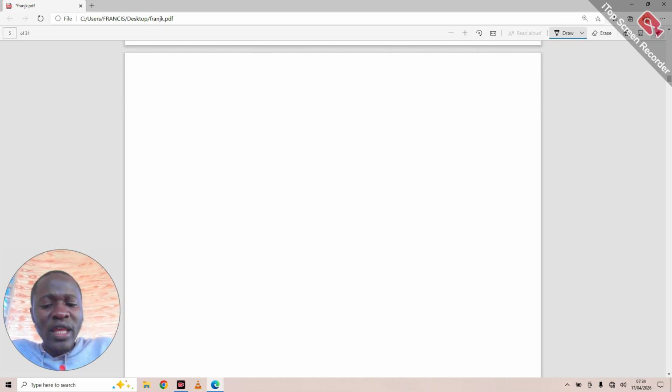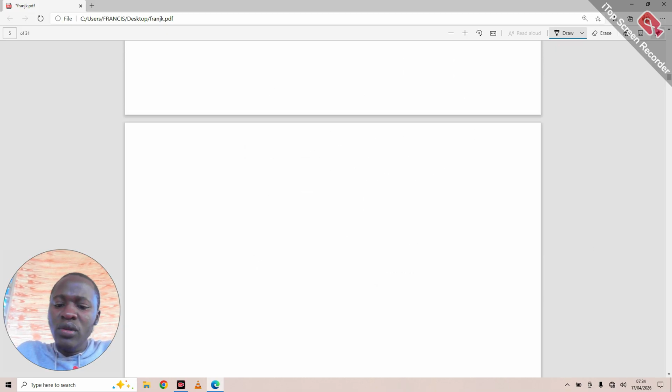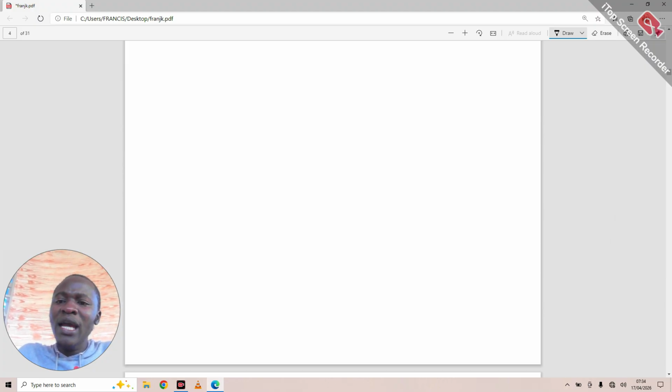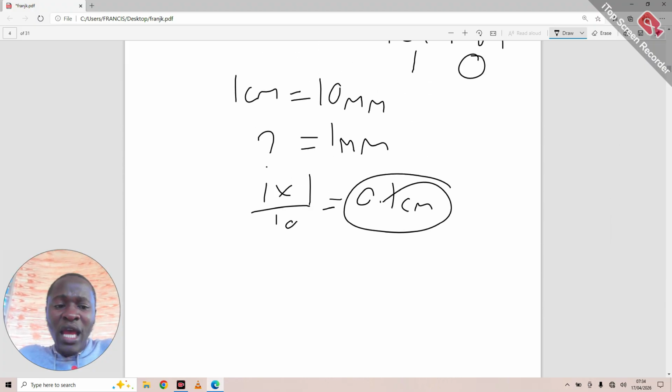You see this nearest, it can be to the nearest 5 millimeter, to the nearest 10 millimeter. It will not always be only to the nearest 1 millimeter or to the nearest millimeter. And that is why I'm telling you to have the concept. Don't just know, have the concept. Understand. Understanding is better than knowing.